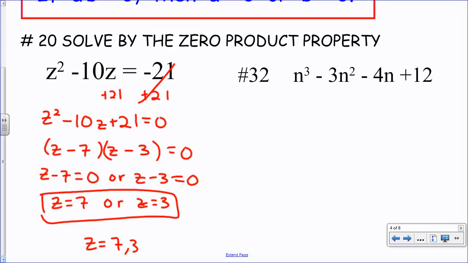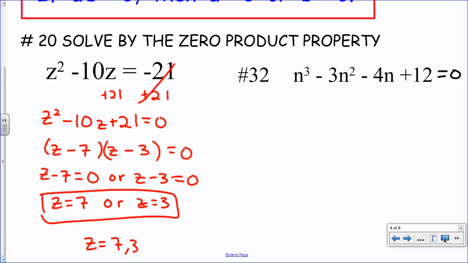So if you're using zero product property, that means you have to factor, you have to have the factors. This should have had an equal 0 at the end, so go ahead and put that there. How do you factor with 4 terms?